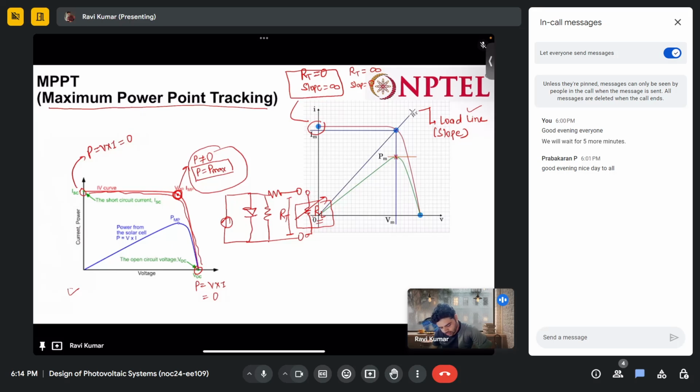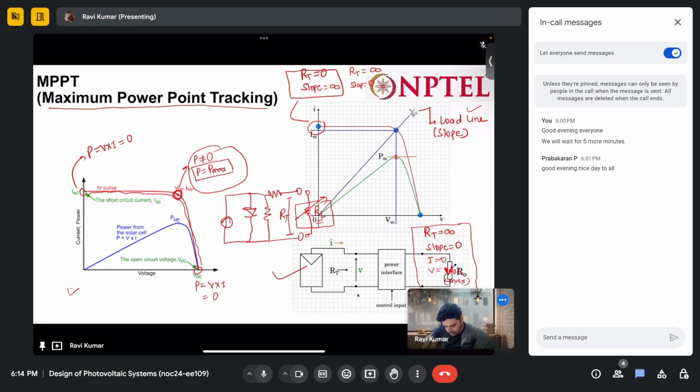For the other point here, RT equals infinite, then the slope will be 0, and at this condition I will be 0, and V will be VOC, that is maximum. So this is about tracing the maximum power point.